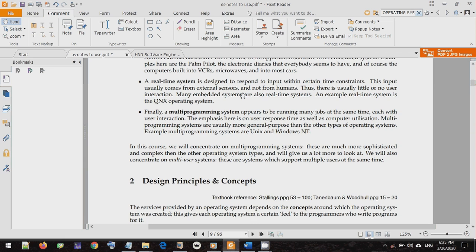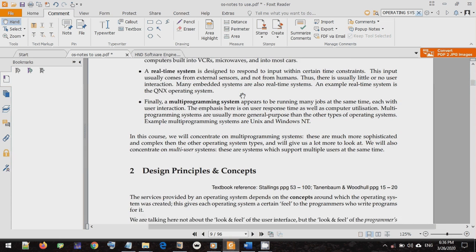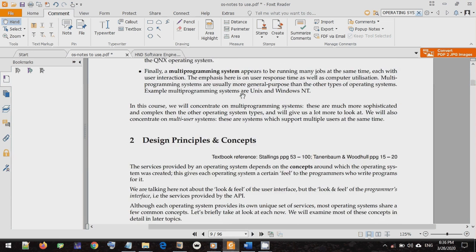Finally, we have multi-programming system. This kind of operating system appears to run multiple programs at the same time. It equally permits user interaction and allows user response time to be quite efficient with the computer utilization.